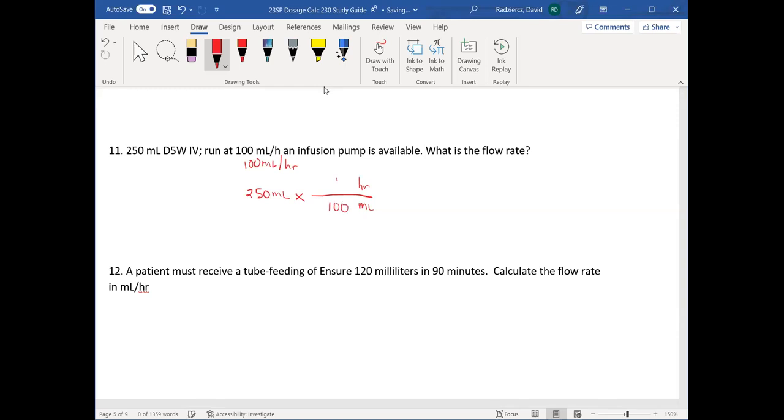So 250 divided by 100, and I can say that this will run for 2.5 hours. So you can write that as 2.5, or 2 hours, 30 minutes. You can write that a variety of ways.